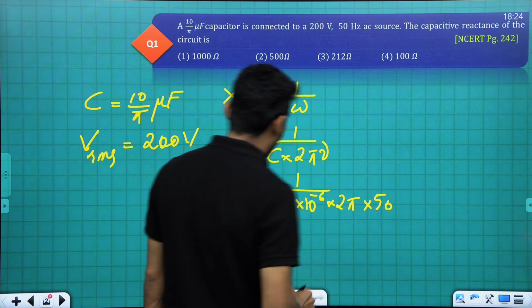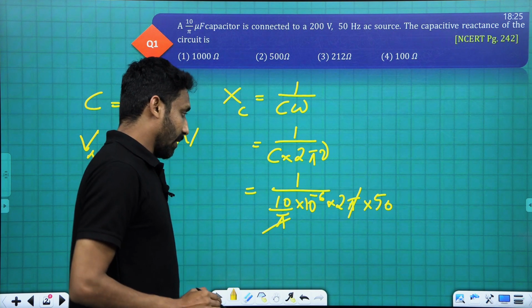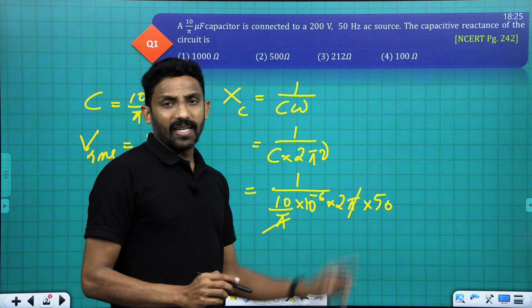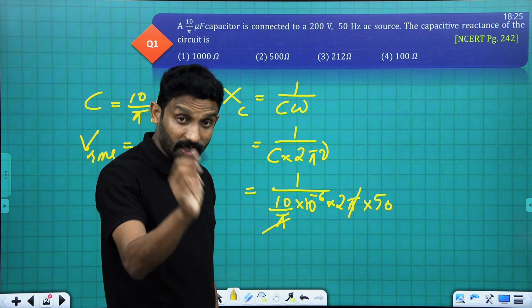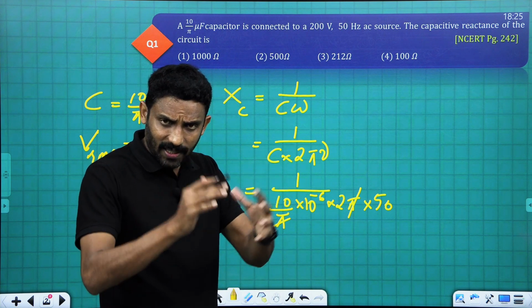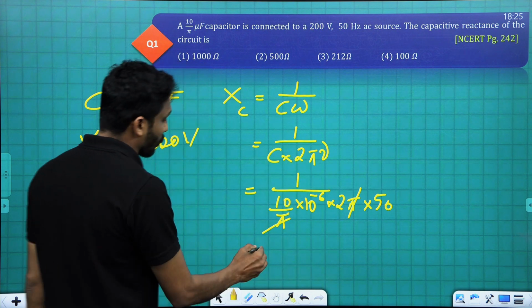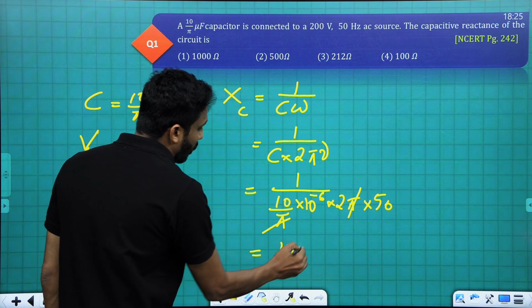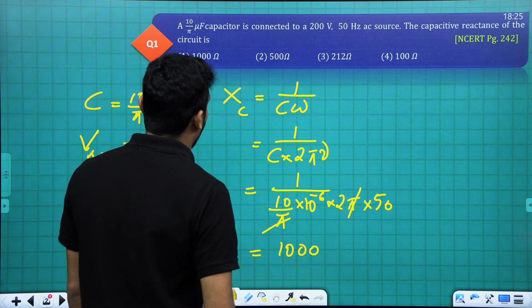Pi is cancelled. Clear? 2 into 50 is 100. 100 into 10,000, that is 10 raised to 3. 10 raised to 3 into 10 power minus 6, that is 10 power minus 3. To the numerator, that will be 10 raised to 3. So this is equal to 10 raised to 3, that is 1000 ohm.